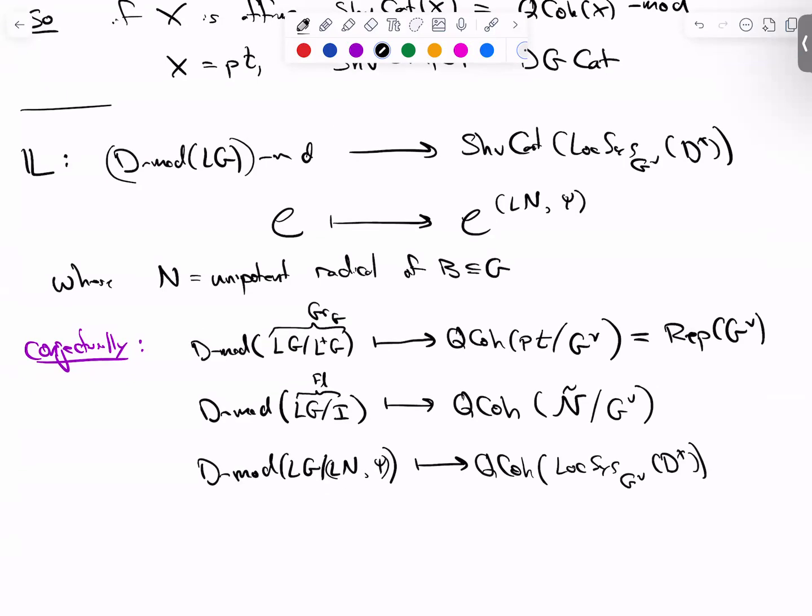And finally, if we do D mod of BunG with arbitrary ramification, so the level structure is infinity, this will map to quasi-co of Loxis on the punctured curve.